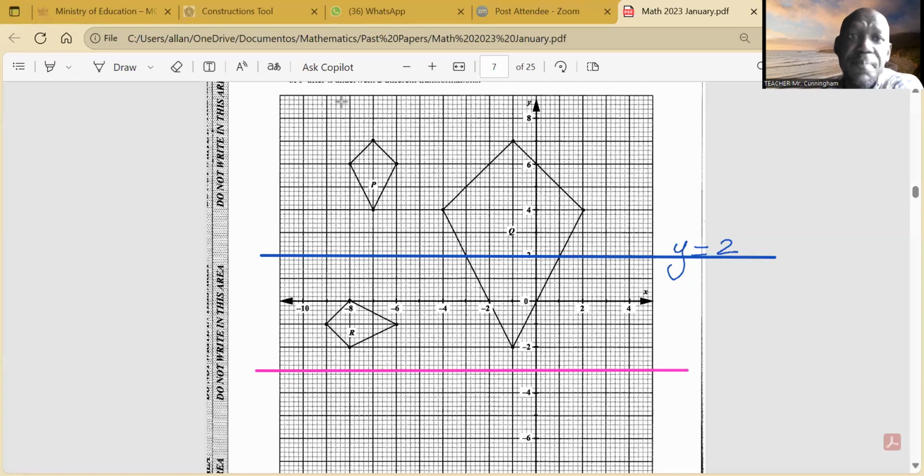So the pink line. Let me ask Deshaun, what is the equation? The equation of a line passing through 2 is y equal to 2. So Deshaun, what is the pink line called?